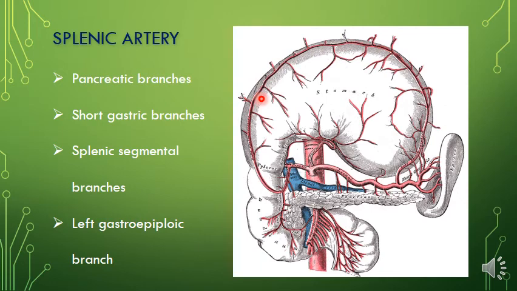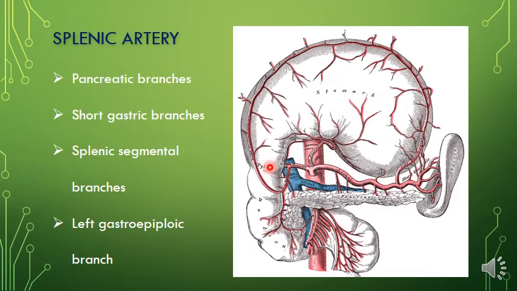The greater omentum is divided in partial gastrectomy operation below the right gastroepiploic artery, and in such a case the nutrition of the greater omentum is derived from the omental branches of the left gastroepiploic artery. So these anastomoses help to maintain the circulation if one of the arteries is to be ligated and removed during surgeries performed on the stomach.